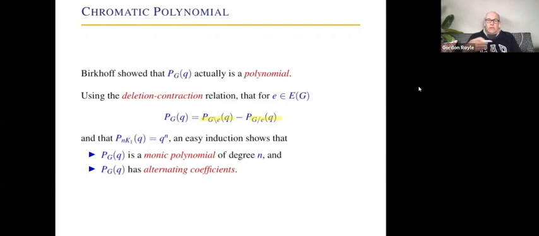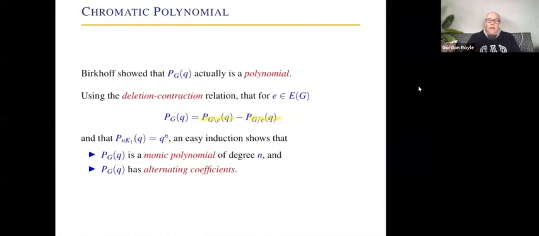Using that relation, you can very quickly convince yourself that the chromatic polynomial is a monic polynomial of degree n. So if you have a graph of 20 vertices, then q to the 20 is going to be its leading term, and it has alternating coefficients.